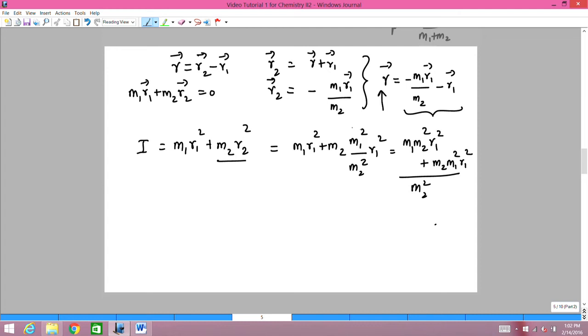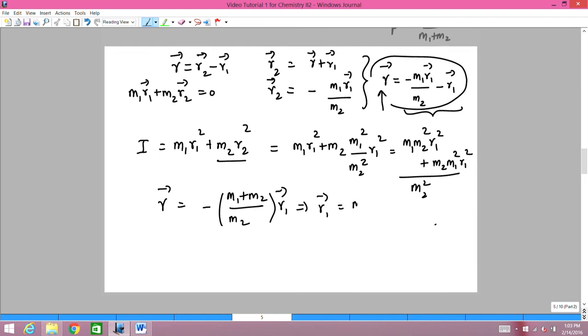So, the r1 you have to substitute into this. If you do this substitution of r1 as given here using r, okay, what is r1? r is minus m1 plus m2 by m2 times r1 from this equation. Therefore, r1 is m2 r with a minus sign divided by m1 plus m2.